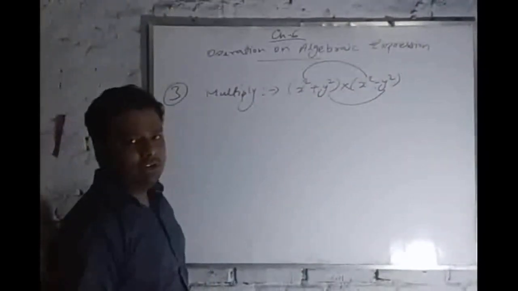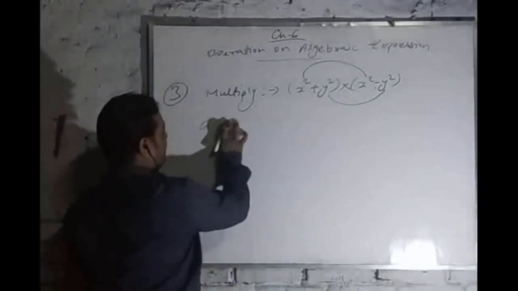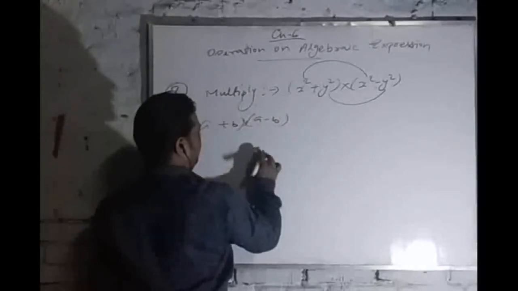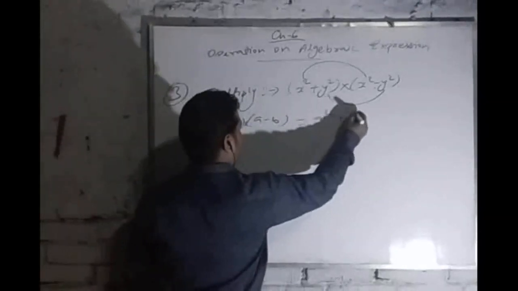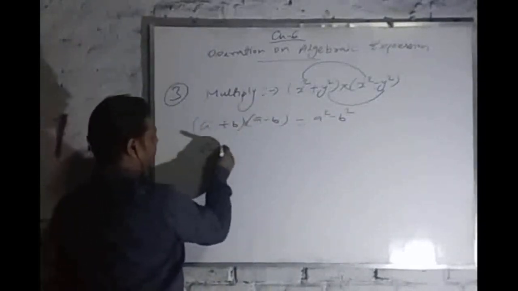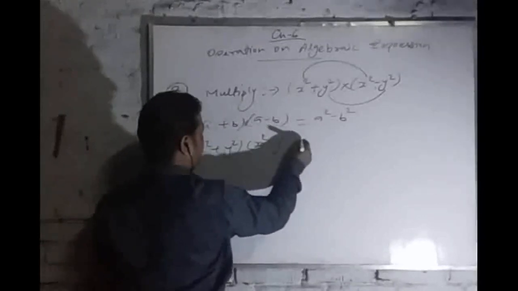That is based on another formula. Which formula is it matching? (a plus b)(a minus b) is equal to a square minus b square. So x square plus y square and x square minus y square.